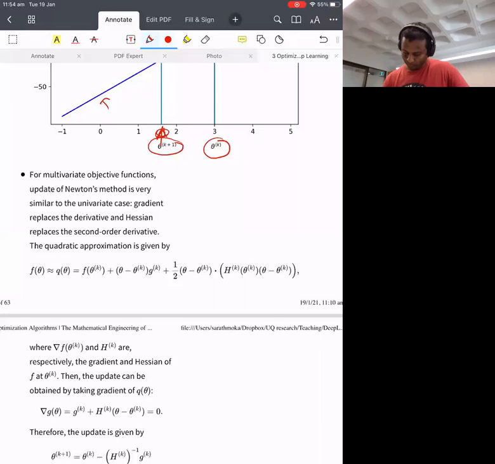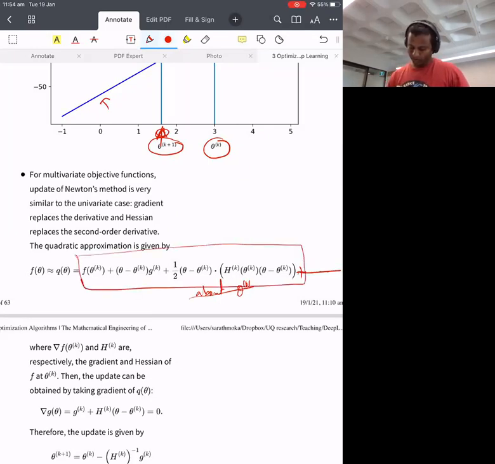The Taylor approximation has more terms about theta k. If you discard all these terms, all you get is this one, that is the quadratic form we are looking for, and that we call q of theta.